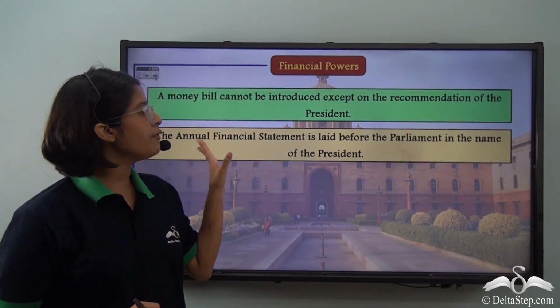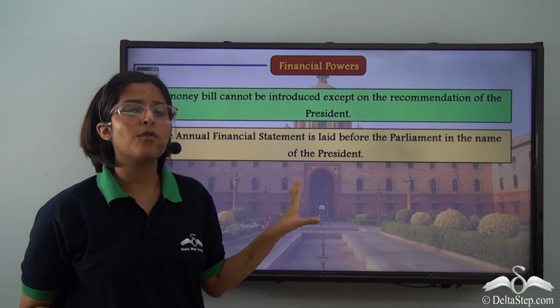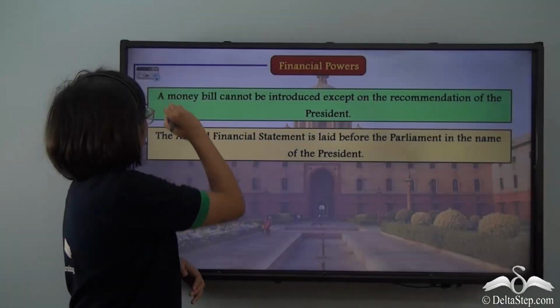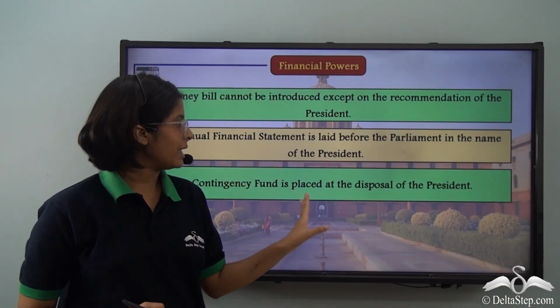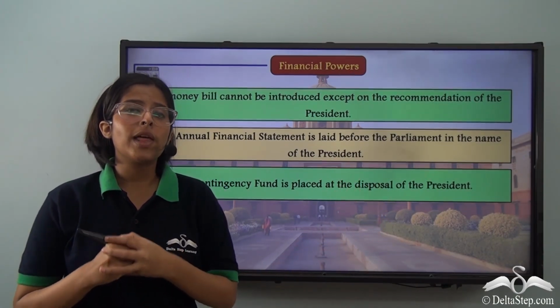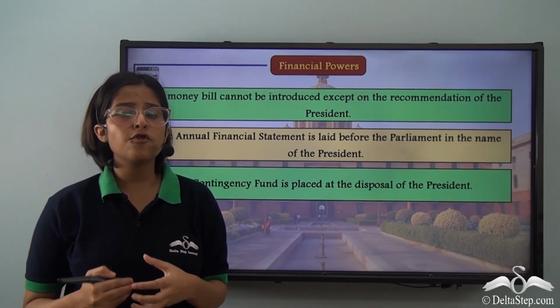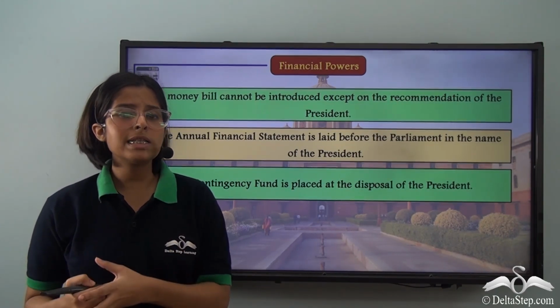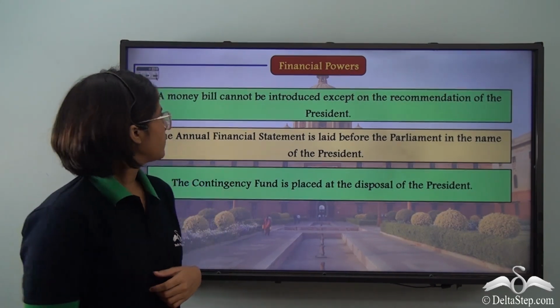Secondly, the annual financial statement is laid before the Parliament in the name of the President. Thirdly, the Contingency Fund is placed at the disposal of the President. So, when there is need for advancing money during urgent unforeseen events, the President can advance the money from the Contingency Fund.